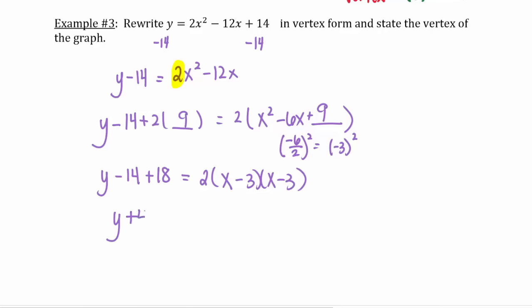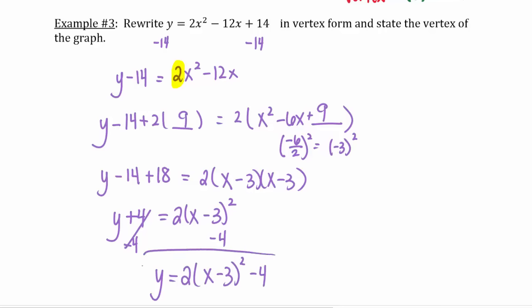So that's y plus 4, right, negative 14 plus 18 is 4, equals 2 times the quantity x minus 3 squared. And again, we need to get y by itself, so I'm going to subtract 4 from both sides, and I get y equals 2 times x minus 3 squared minus 4 for my final answer in vertex form.